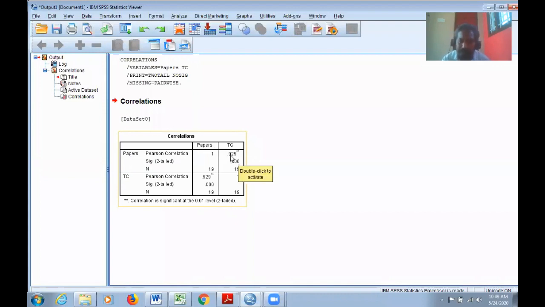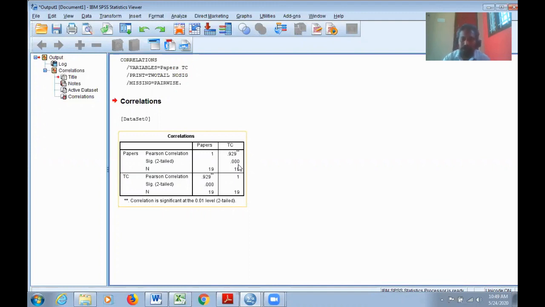Since it's 0.9, it is a positive correlation, and since it's 0.9, very close to 1, we can say that both these variables are closely related. And there are 19 years of data, and it says that the two-tailed p-value is 0.000. It means that there is a significant association between the number of papers published and number of citations received by them.